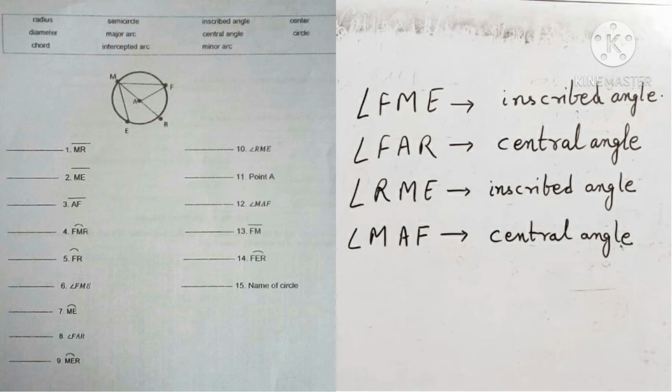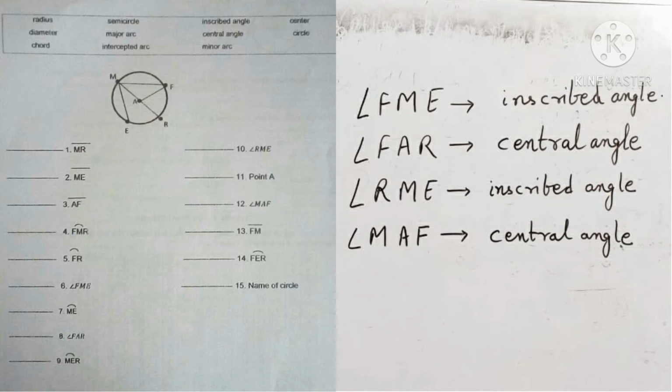But before FME there is a sign of angle. So this is an acute angle made by 2 chords inside the circle. So this is the inscribed angle. So an inscribed angle is the angle made by 2 chords inside the circle.